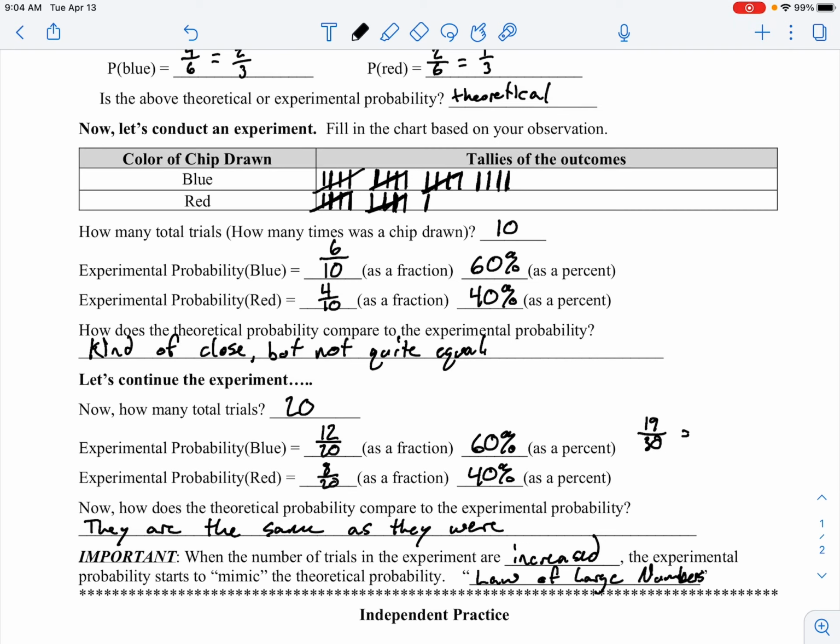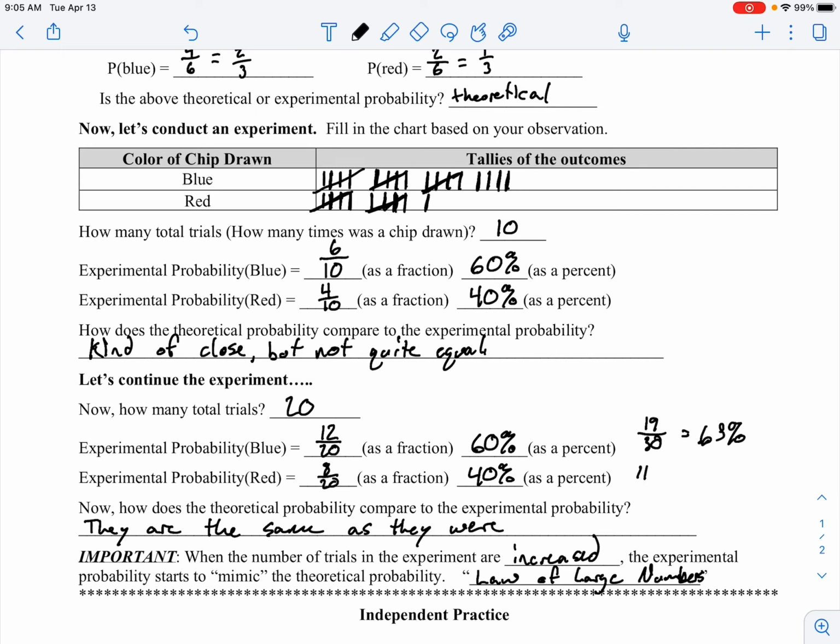So we said 19 divided by 30 is 0.63333. We'll just call that 63%. And our theoretical probability for that was 66%. So we can see that we're starting to get a little bit closer there.